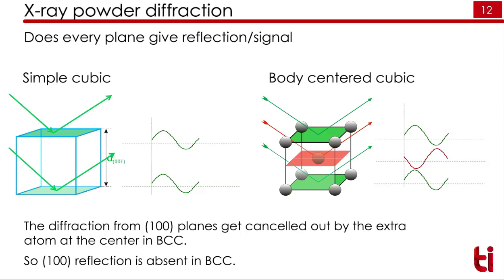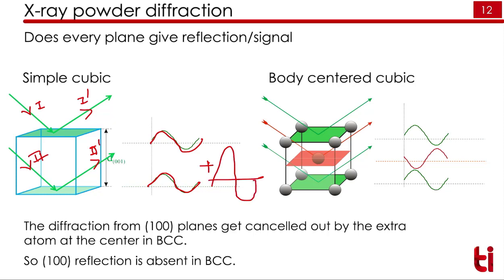So here you see that this is ray 1, this is ray 2, this is the diffracted beam. These two are superimposed on each other and they will produce a signal of high intensity, because this we call Bragg's condition satisfied.